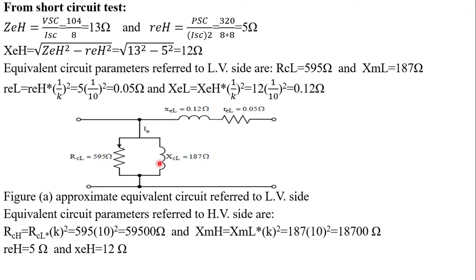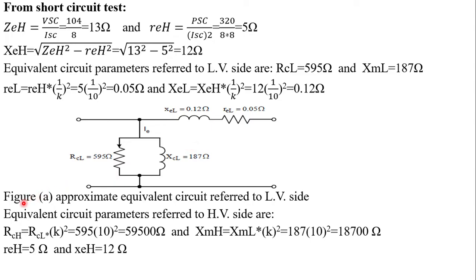Now, when we draw the exact equivalent circuit, we simply divide this value, 0.12 and 0.05, into 2 parts: this part 0.06 and this part 0.06, while in this part 0.025 and in this part 0.025, divided on both sides in equal parts. And we can get the exact equivalent circuit of the transformer referred to the low voltage side.